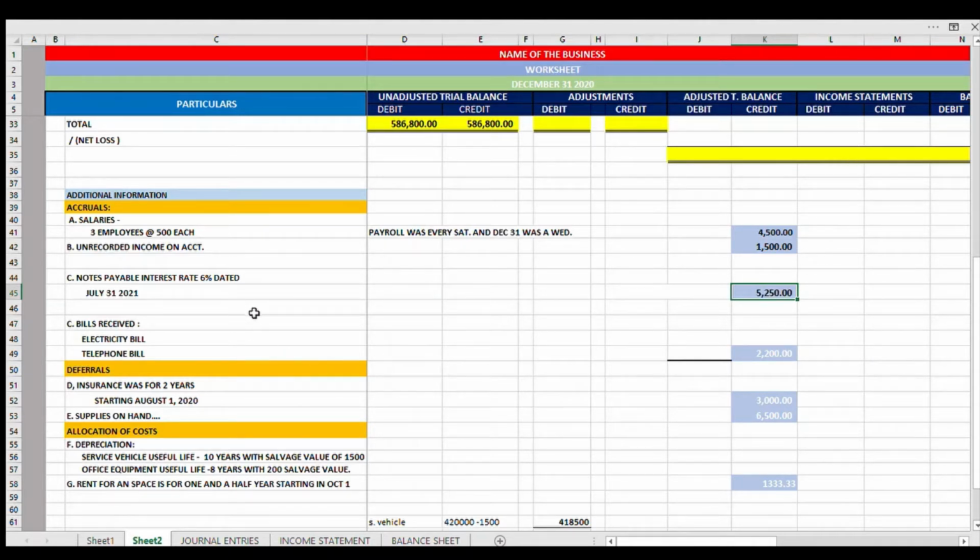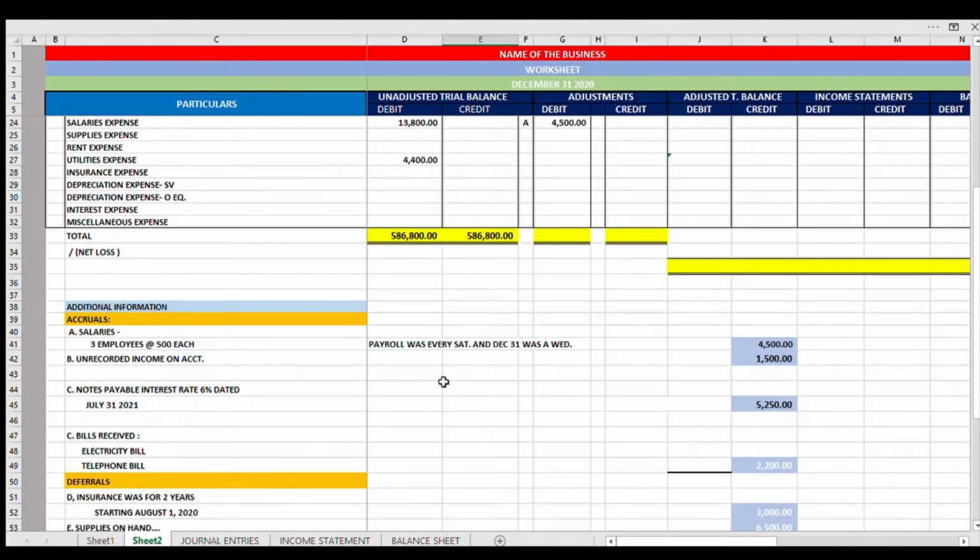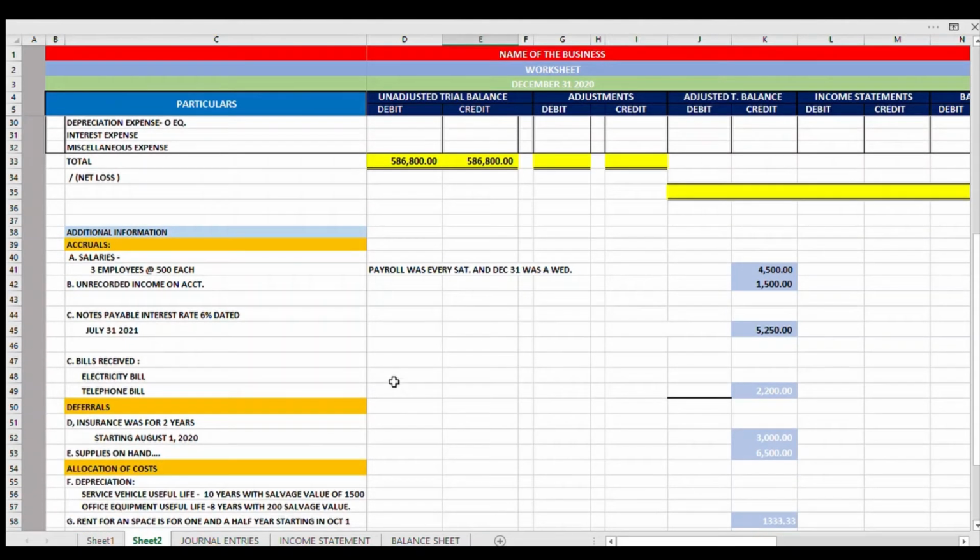5,250. Okay, I will explain how did it come to be 5,250, no? Since the amount of the notes payable is 210,000, so the principal is 210,000. So it is 210,000 times 6%, no? Whatever the product is, you will multiply it by 5 over 12.